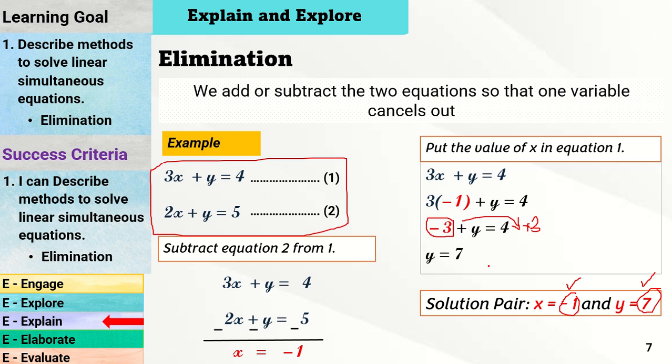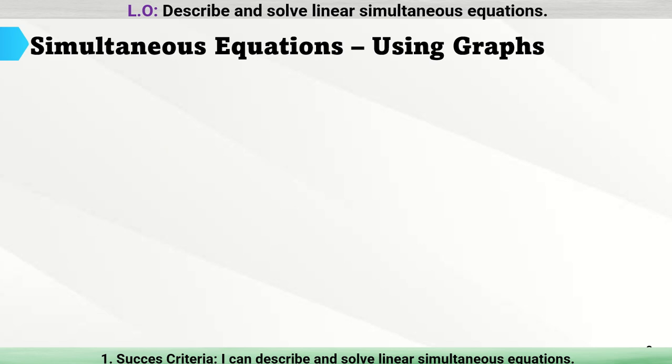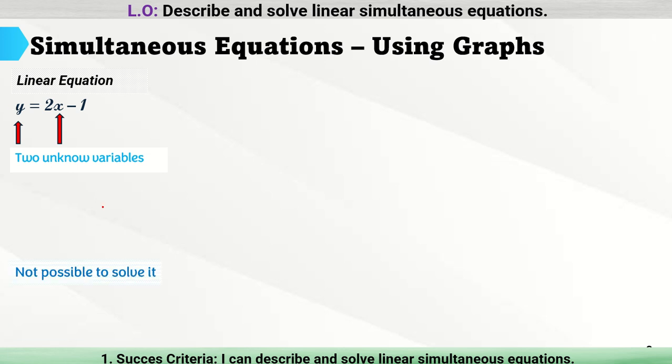Okay, now we will learn how we can use graphs to show at which point the two equations are simultaneous. For this, consider this example. I have an equation y equal to 2x minus 1, right? Now, if you see the equation, you have two unknown variables, that are x and y.